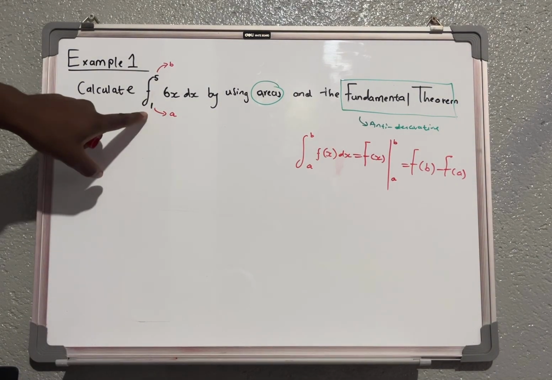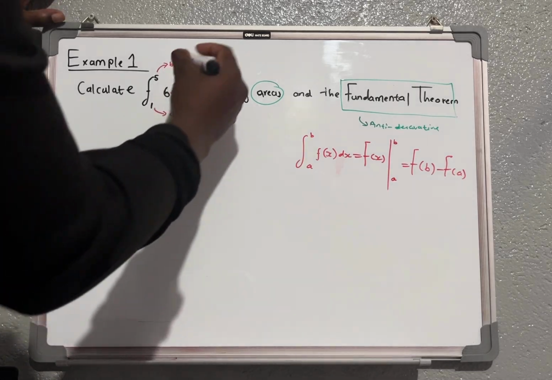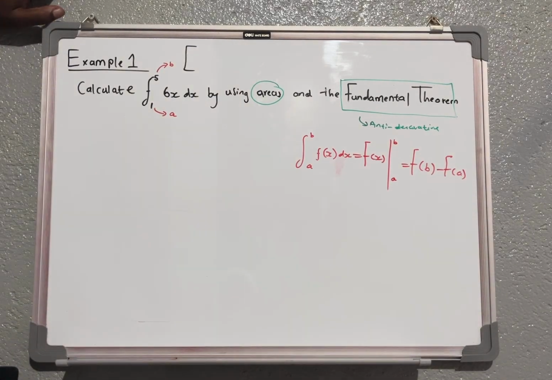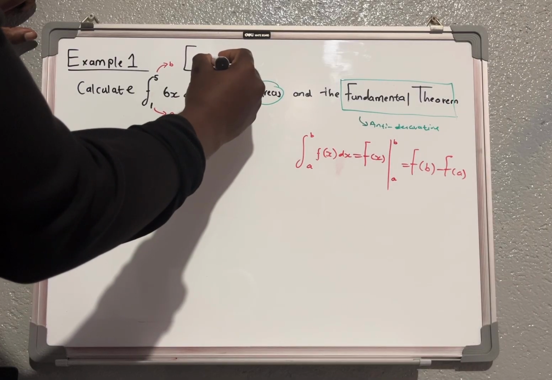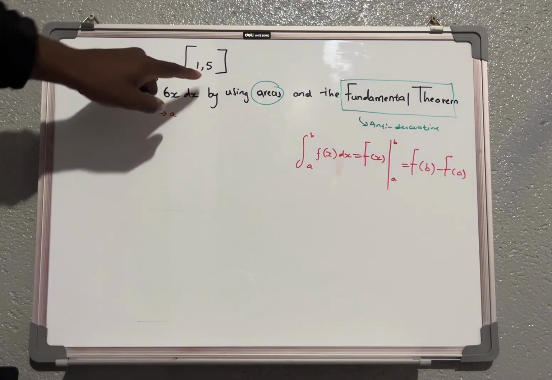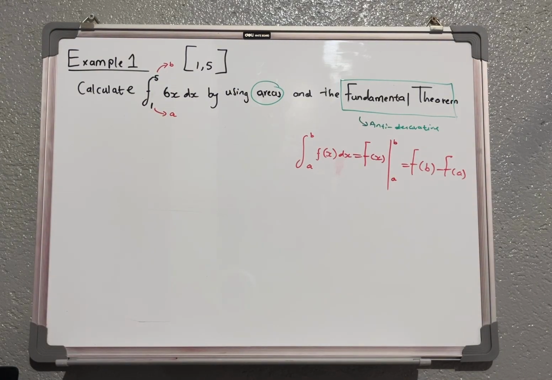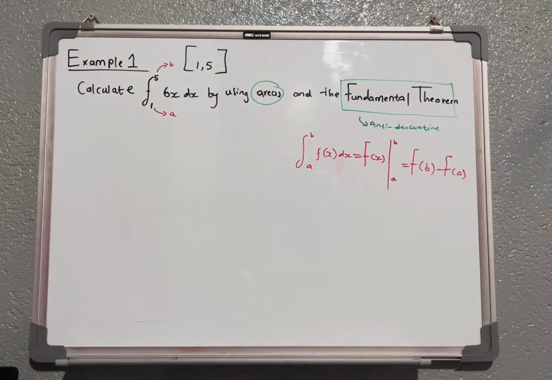This is exactly the region you're going to be working within on your graph. It specifically means that within your graph you're going to be working exactly between 1 and 5. Those are the x values you're going to have.